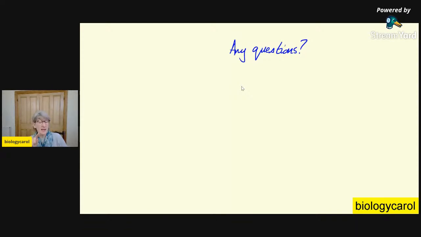Far more likely, and this absolutely happens, is that they will draw one or more of the neurons and you're expected to be able to recognize them because of their different structures. And you would also be expected to be able to label any part of them. So hopefully that helps you.